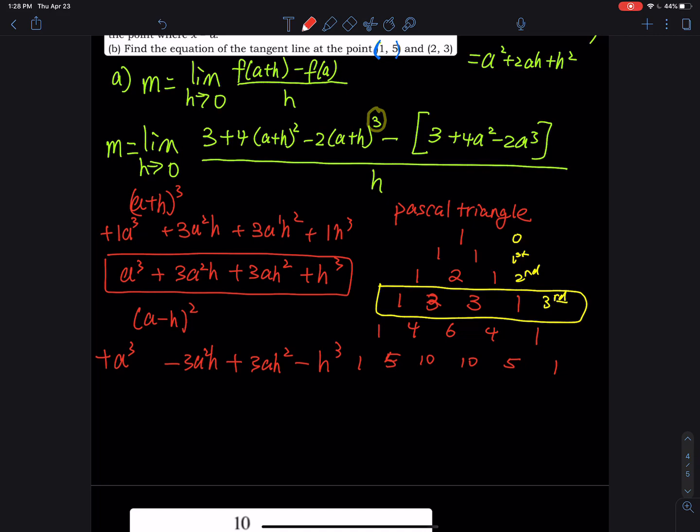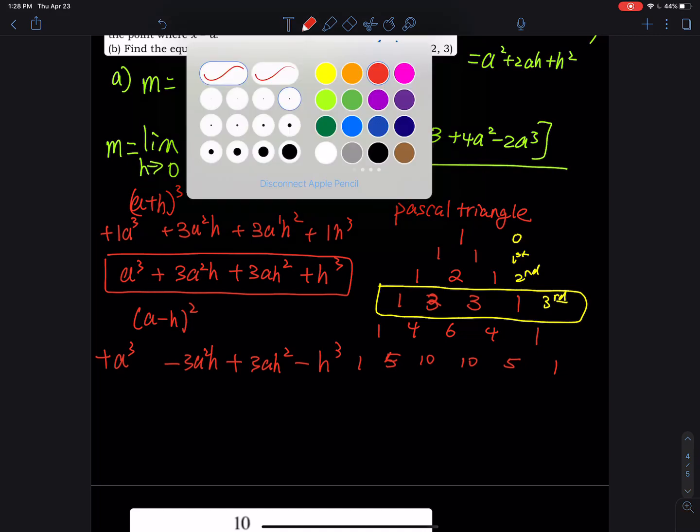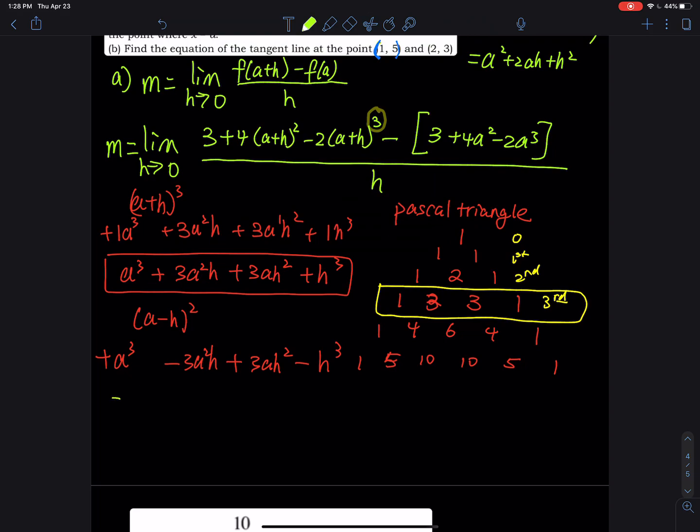Now, let's put everything in. We go back to green. We have the limit as h goes to 0. We have 4 times that. Let's do this in one step. That is 4a squared plus ah plus 4h squared, and then minus 2, right? So you have a negative 2 right here, which puts a negative 2 in front of the whole thing.